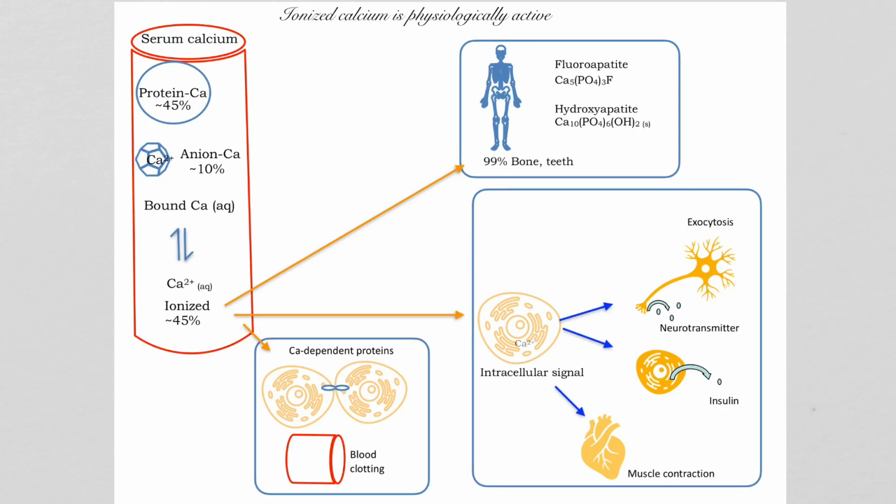So most of your calcium, 99%, is in the bone, the skeletal part of the body, the skeleton, the bone and the teeth. And there the calcium is in the form of inorganic chemicals such as hydroxyapatite, with very complex formulas with all kinds of cations and anions such as phosphate and hydroxide.